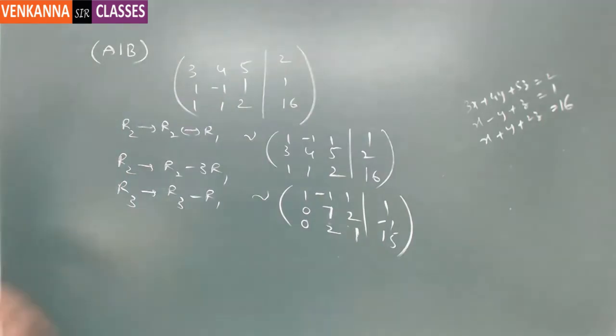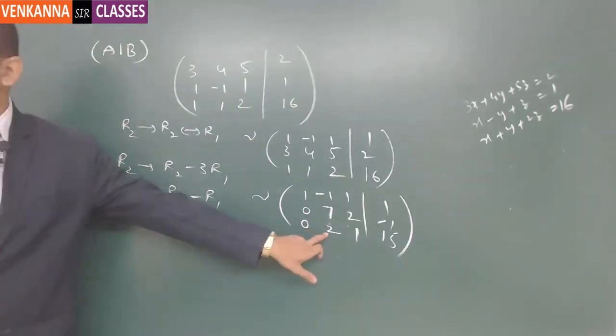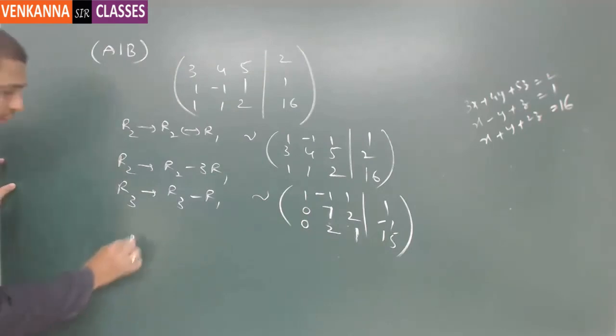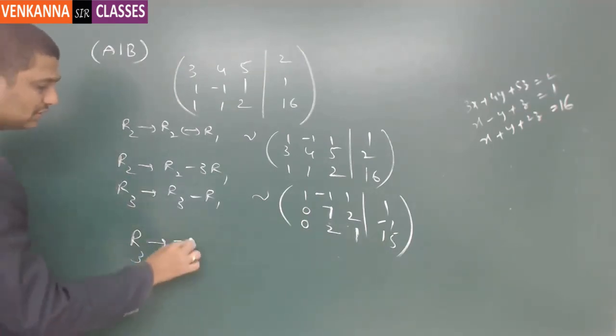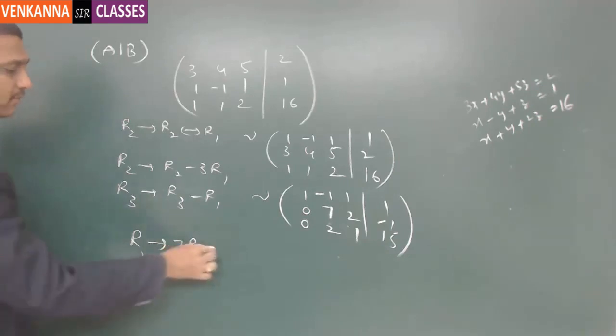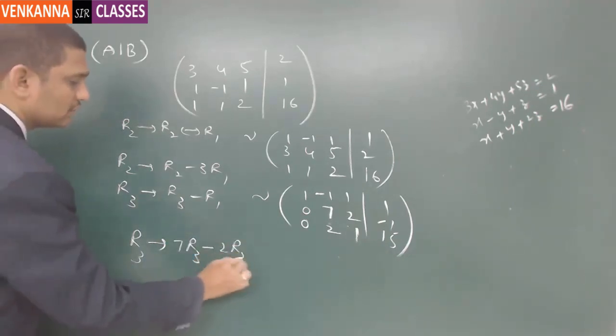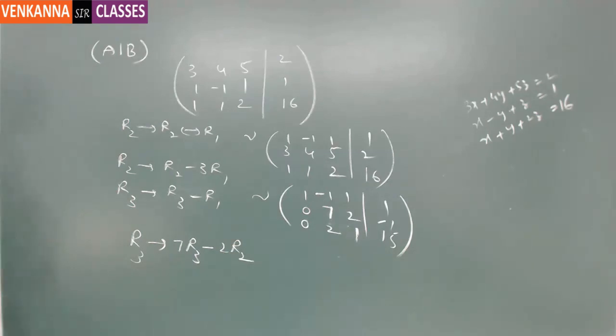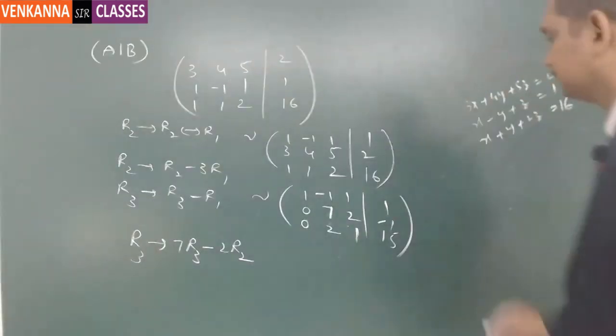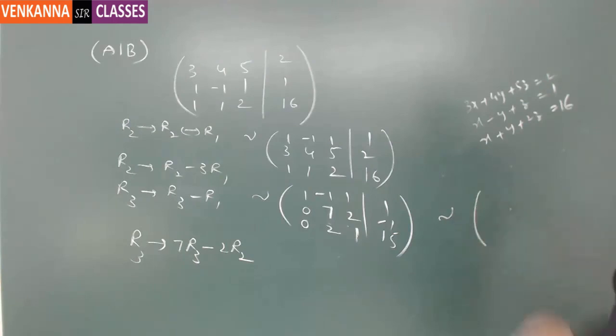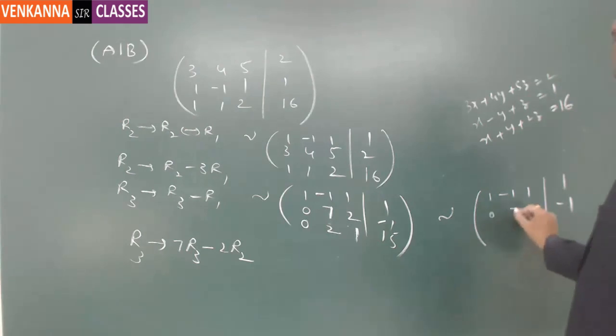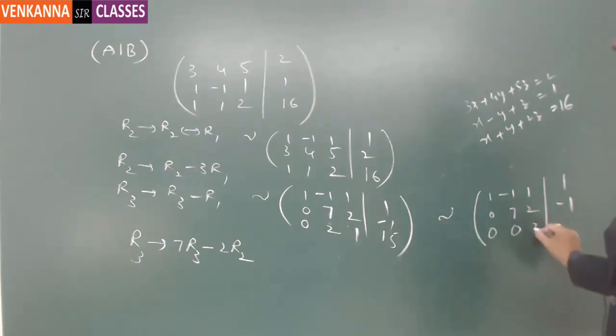Again, you are going to make the element here as 0. So you have to do R3 tends to 7 R3 minus 2 R2. Then this will be equivalent to 1, -1, 1, 1; 0, 7, 2, -1; 0, 0, 3, and so on.